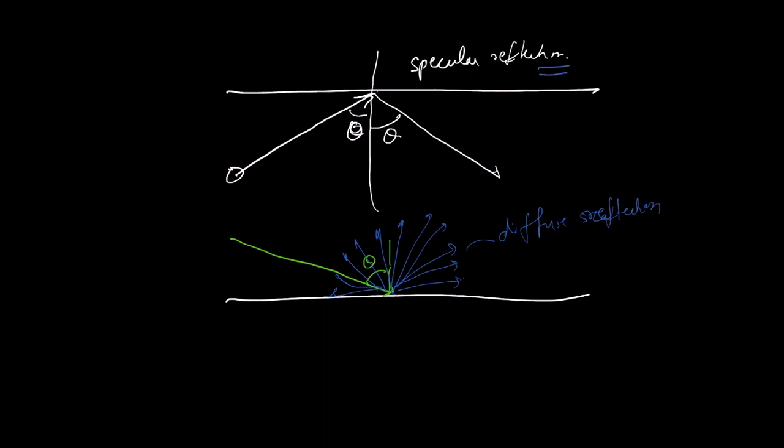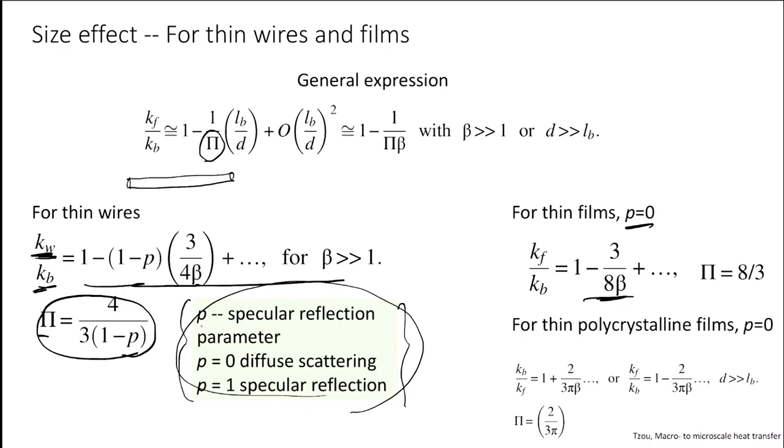So specular reflection doesn't contribute to the resistance, because the phonon is not creating any resistance in the system. But diffuse reflection would create some kind of resistance, and the thermal conductivity would again become less. And because of exactly the same reasons, they defined this specular reflection parameter. So if it's diffuse, then the P is 0.